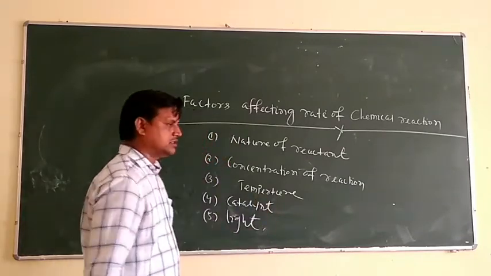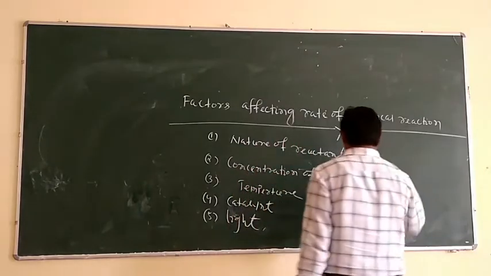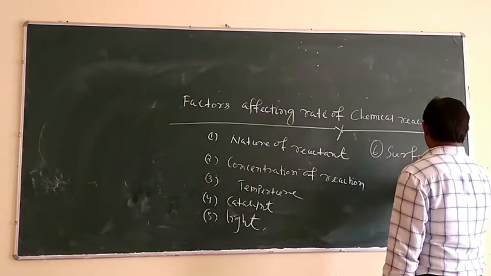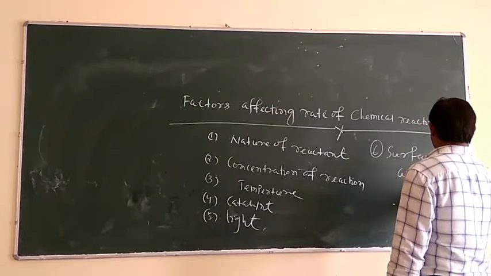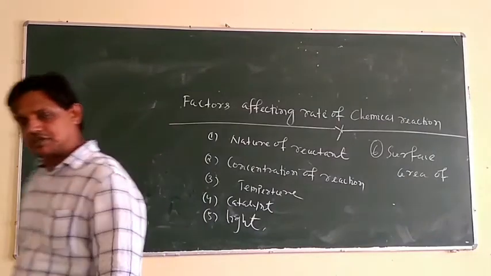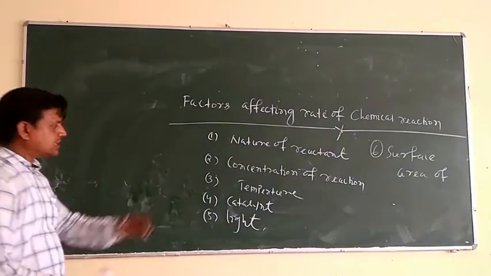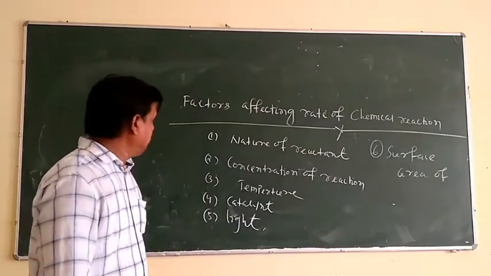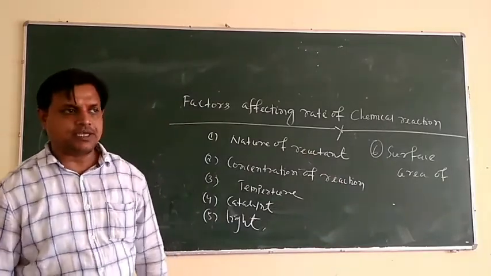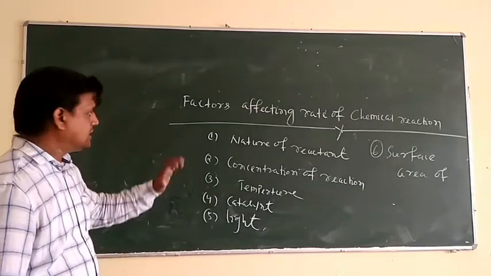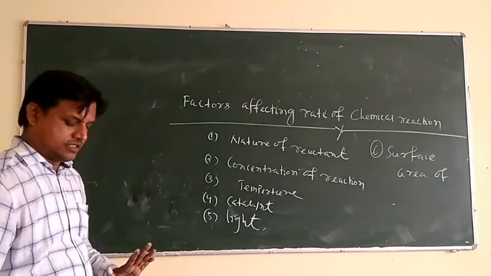Number 6 factor is surface area of reactant or product. Okay. So these are the various factors which can affect the rate of a chemical reaction. First we have discussed nature of reactant.